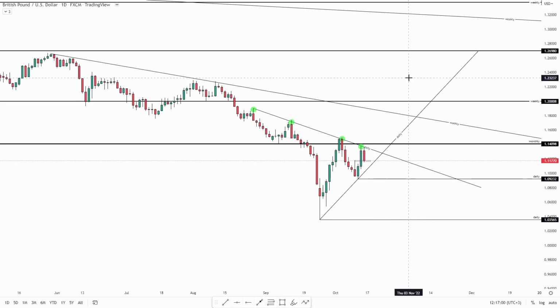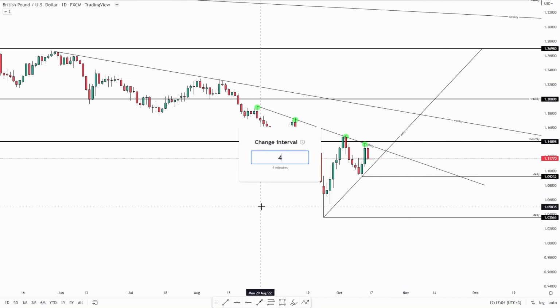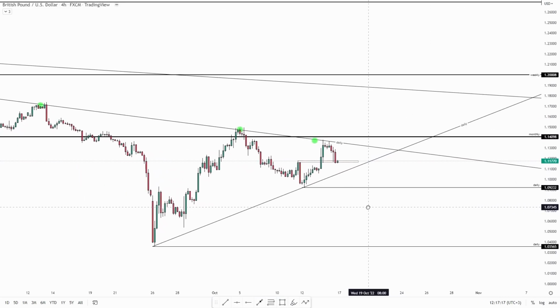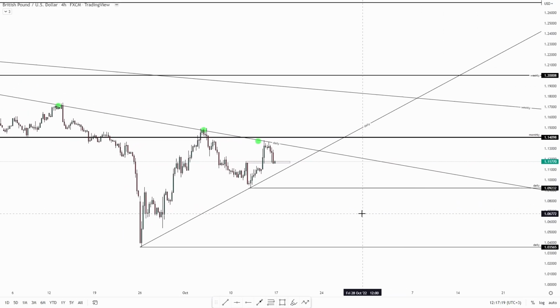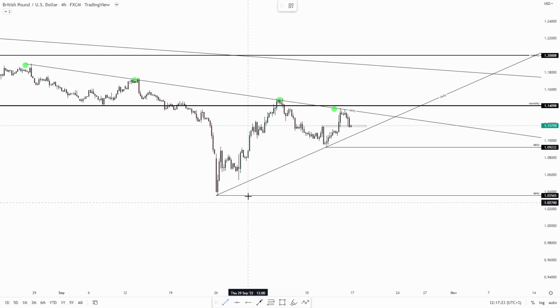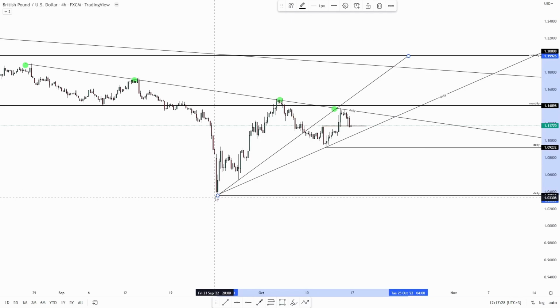Okay, and the last thing you should do now is to go on the 4-hour time frame and to draw trend lines here as well. So first, here we have a trend line from the first low over here to the second one.